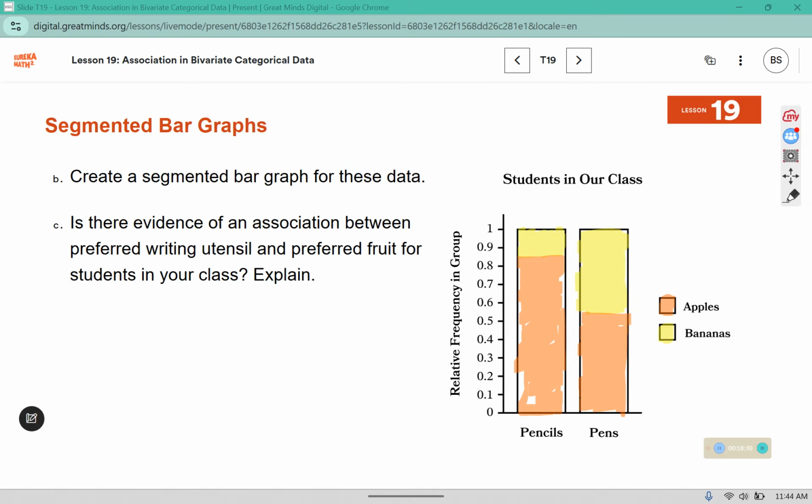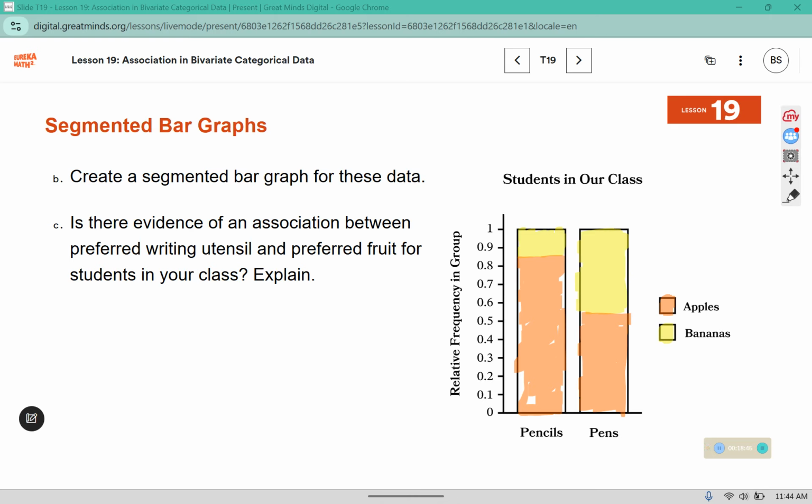Part B, is there evidence of an association between preferred writing utensil and preferred fruit for students in your class? Explain. There is evidence for an association. The column frequencies are not the same.